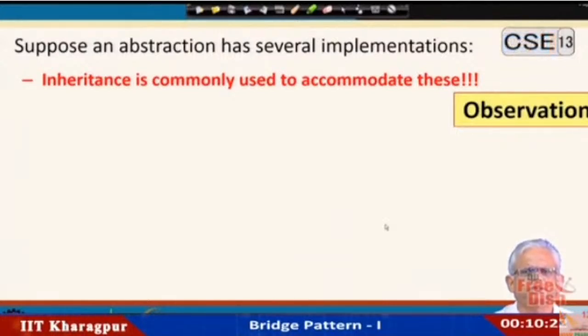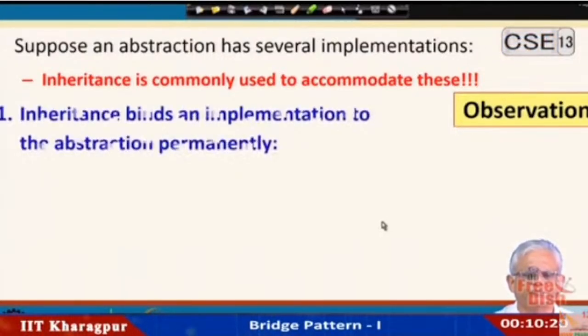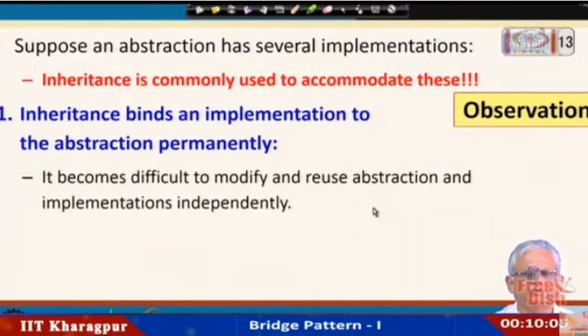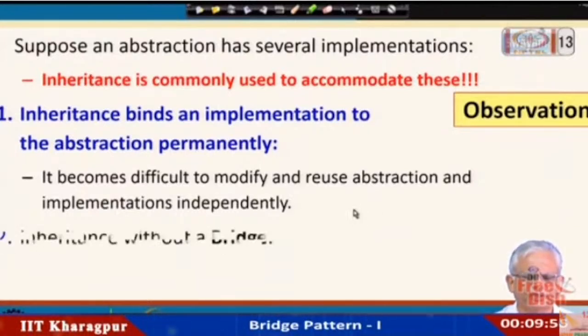Just add some classes in the inheritance hierarchy. But then the problem that occurs is that inheritance binds the implementation and abstraction together permanently. And it becomes very difficult. The solutions are too complex. Any small changes require too many changes.